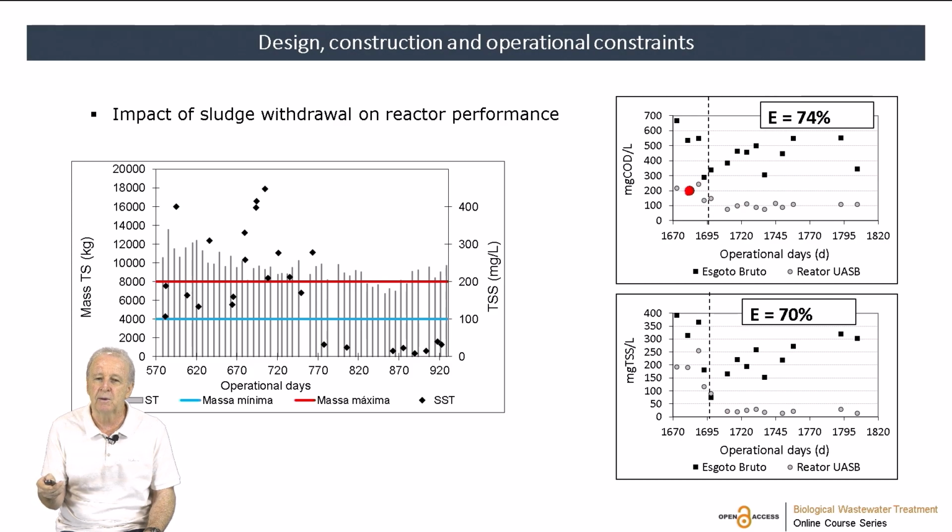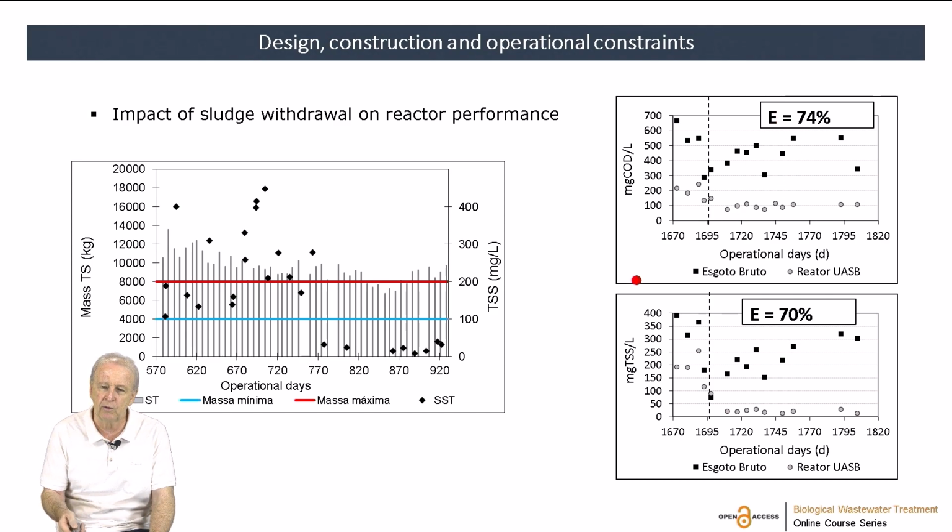Because the reactor was losing solids, when it was operated with the right amount of sludge, the COD concentration decreased to around 100 milligrams per liter. So the reactor, when operated properly, showed an efficiency around 74% in terms of COD.